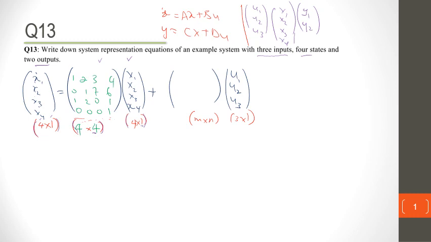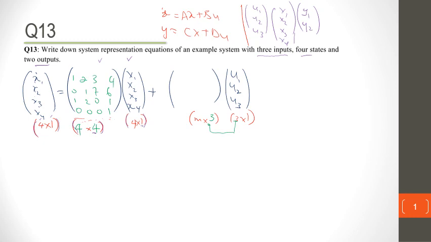So in order for us to multiply, we know that this has to be equal to that. So we write 3. We know that's going to be 3.